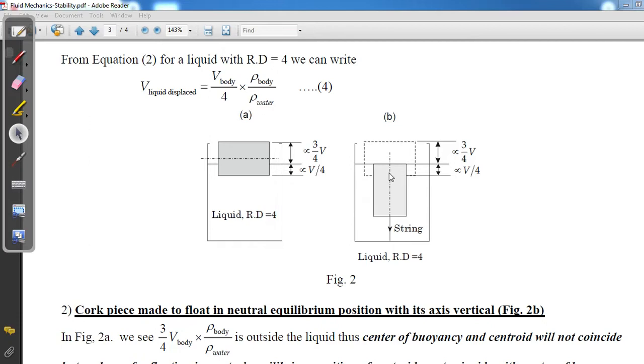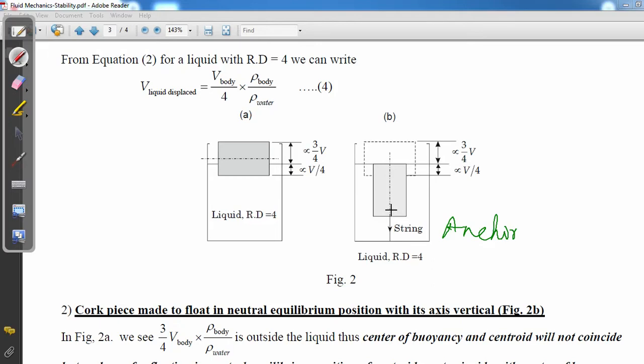But it is saying that it has to be in neutral equilibrium. So for neutral equilibrium, we have to completely submerge this body, and one condition is there: we will be submerging this body completely while keeping its axis in the vertical direction. So it is free floating in this condition with this excess volume above the water. When you pull down this body to keep it in neutral equilibrium, you have to keep an anchor, like a ship.